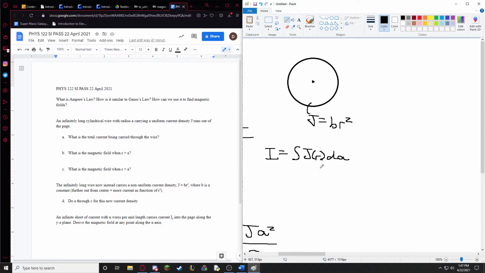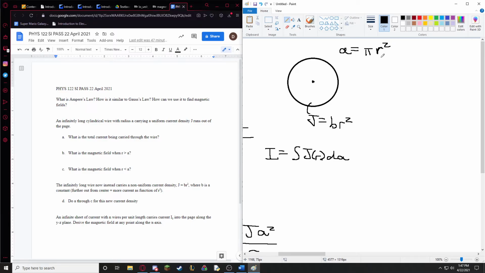There's two ways we can do this. First of all, what is the area of a circle in terms of the radius? Pi r squared. Yep, A is equal to pi r squared.